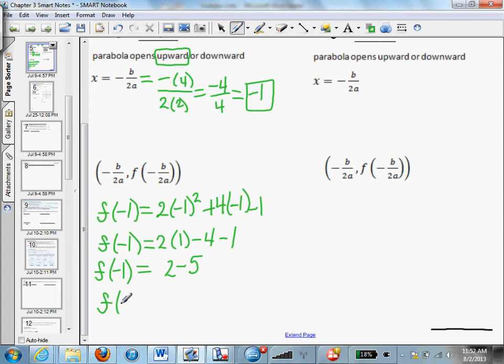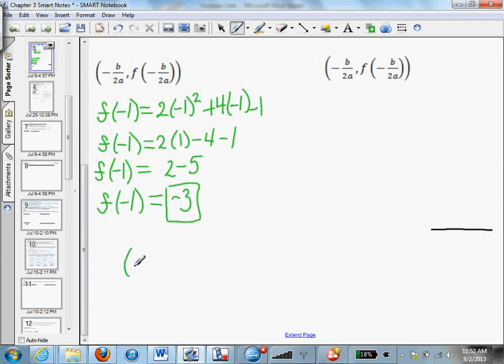So f of negative 1 is going to yield negative 3. So we'll combine our x value of negative 1 and what we got for the function. It's going to be negative 1 comma negative 3 as our vertex coordinate.